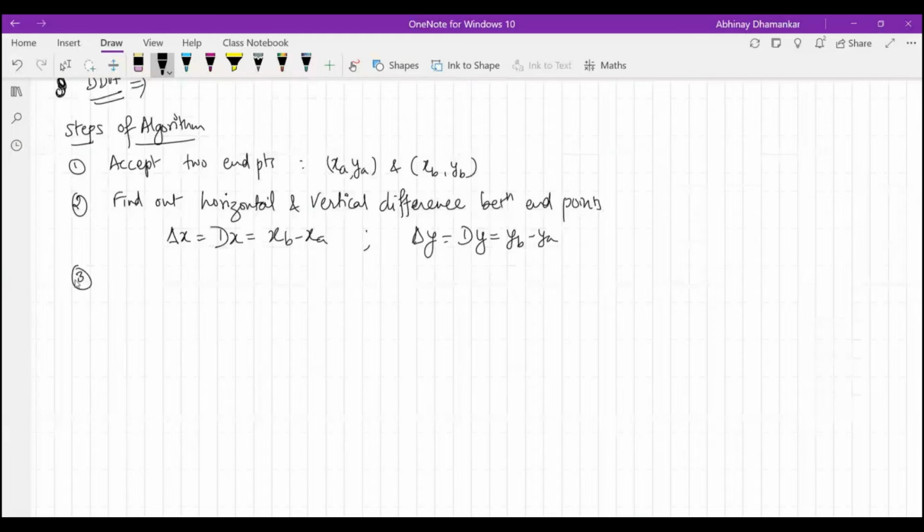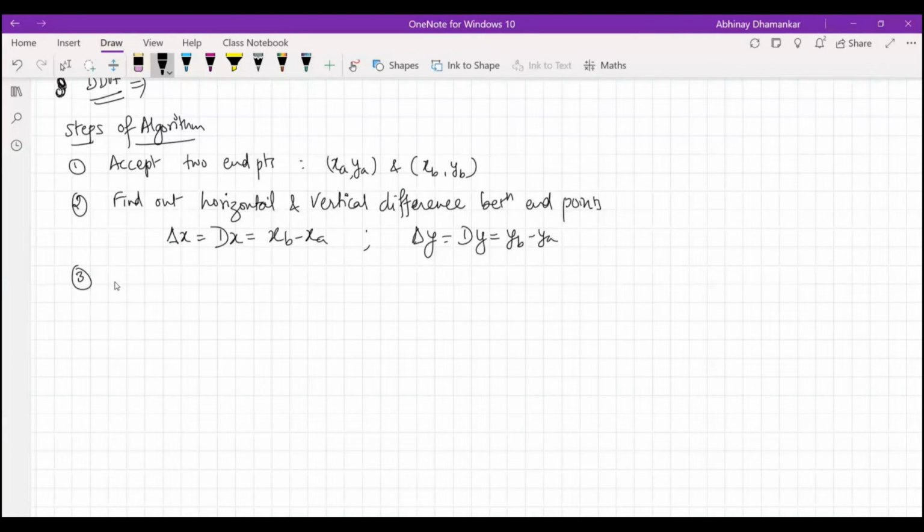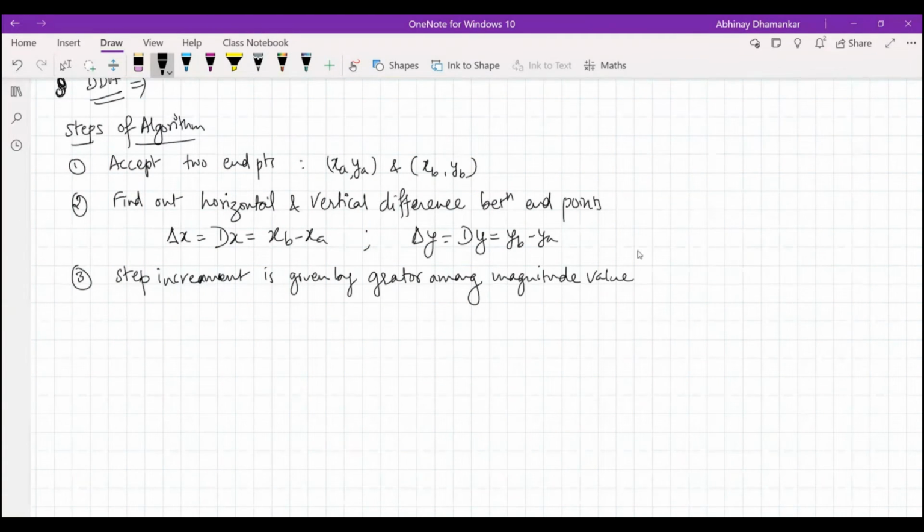Then the third step: the step of increment is given by the greater magnitude value of dx or dy.